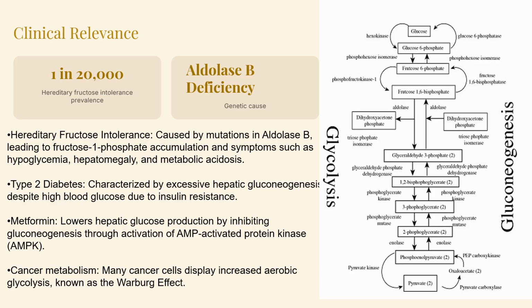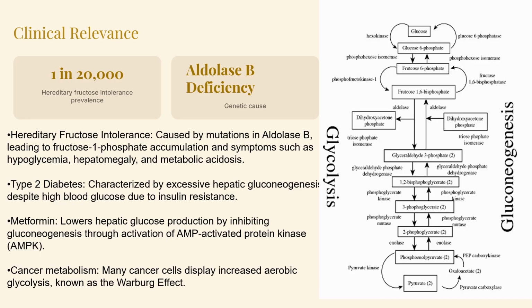Finally, alterations in glycolysis are also seen in cancer metabolism. Many cancer cells exhibit a phenomenon known as the Warburg effect, where they preferentially use glycolysis to generate energy even when oxygen is available.